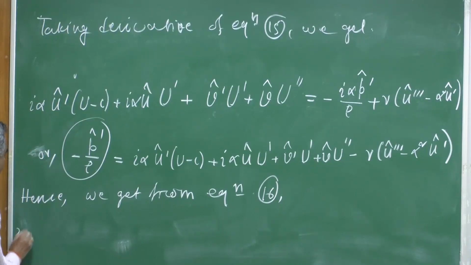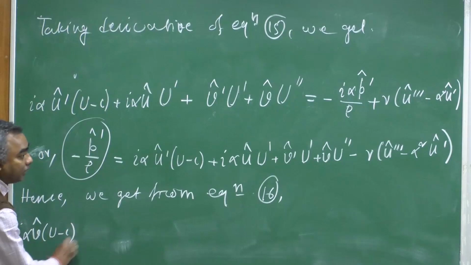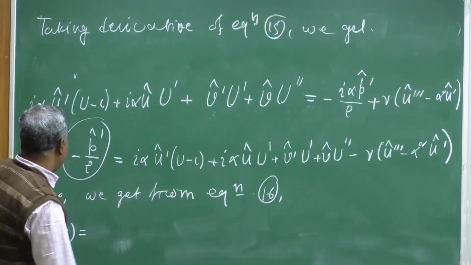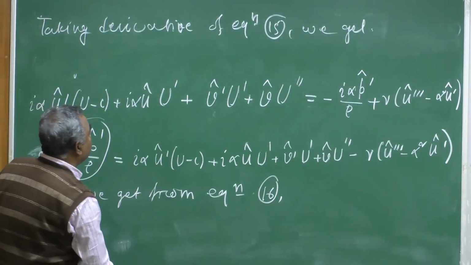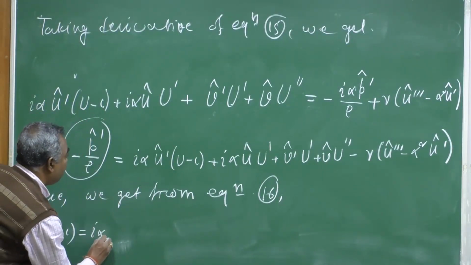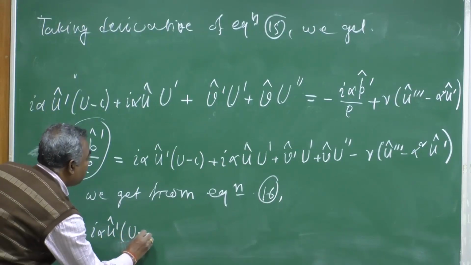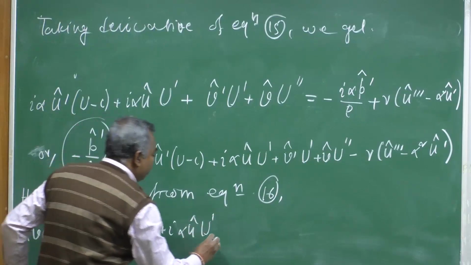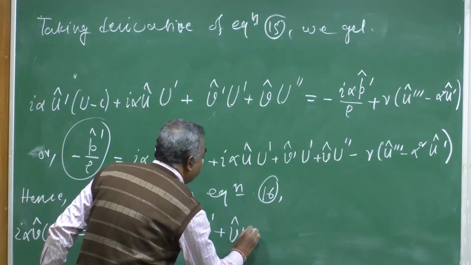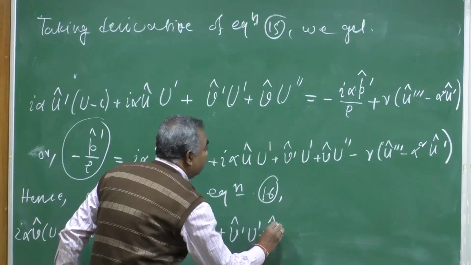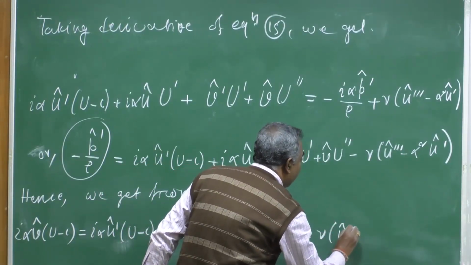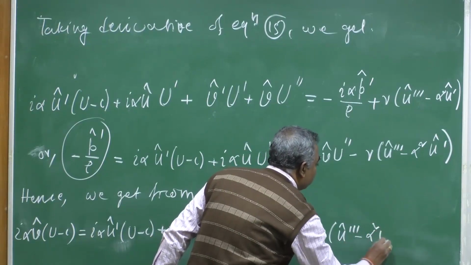So, that means I alpha v hat (u minus c) equals p hat prime, and that value is basically this: I alpha u hat prime (u minus c) plus I alpha u hat u prime plus v hat prime u prime plus v hat u double prime minus nu u hat triple prime minus alpha square u hat prime.